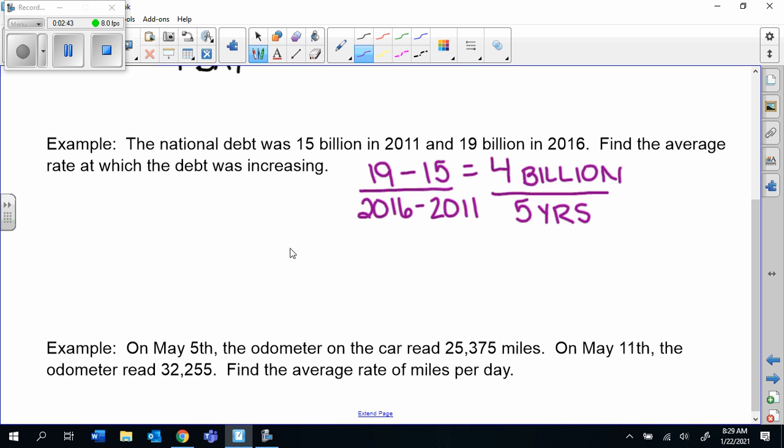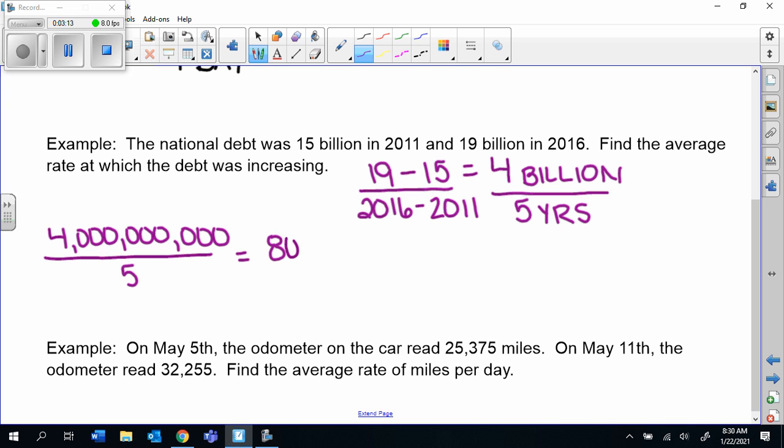Or if I actually do that math real quick, I'm going to type this into my calculator. 4 billion looks like this. Divide by 5. You can hear me punching those keys. So I've got 8, and then I have 0, 0.